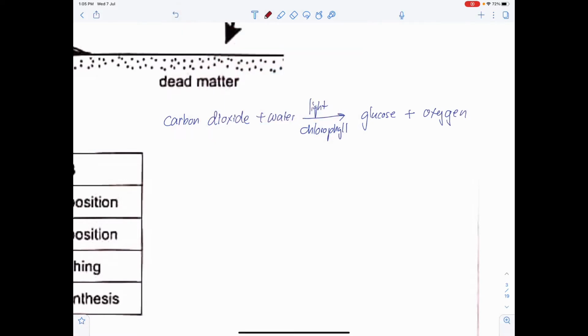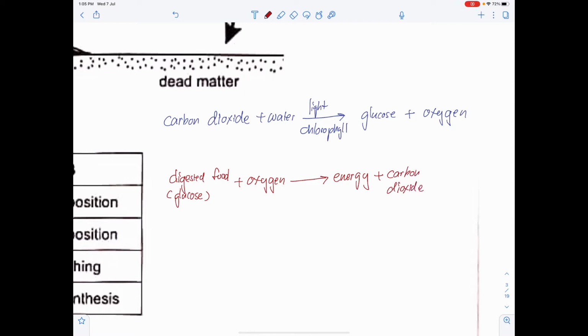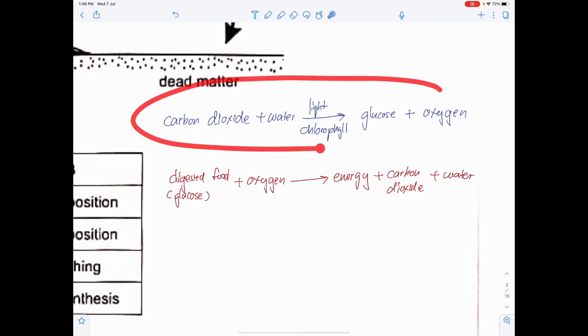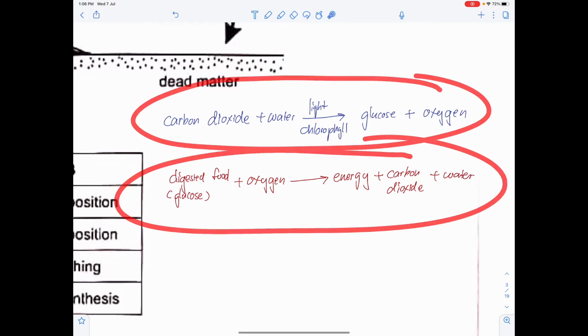Whereas for respiration, you will use digested food, or your glucose, together with oxygen, which will give you energy together with carbon dioxide and water. So as you can see, these are actually the opposite of each other.